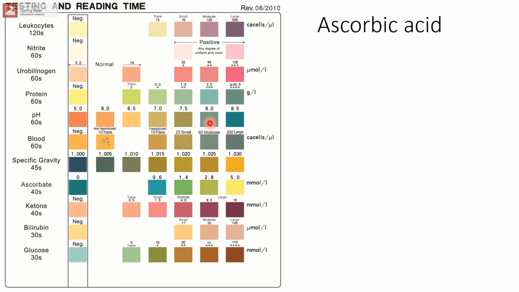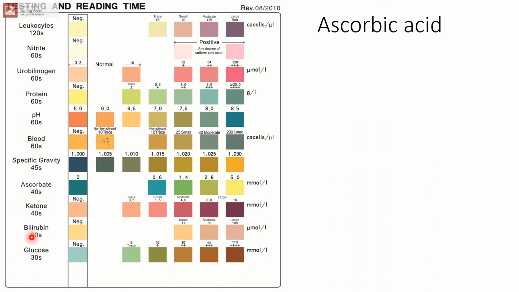Now, one thing that I'd like to talk about is the presence of ascorbate. Ascorbate can be present in several different types of food, and ascorbic acid in higher concentrations in urine can lead to really high false negative results in other urine tests, but particularly with glucose. Glucose test and hemoglobin test, which is really blood, right?